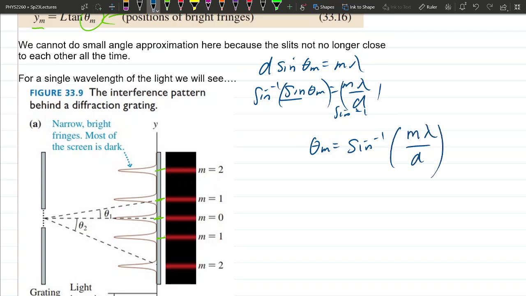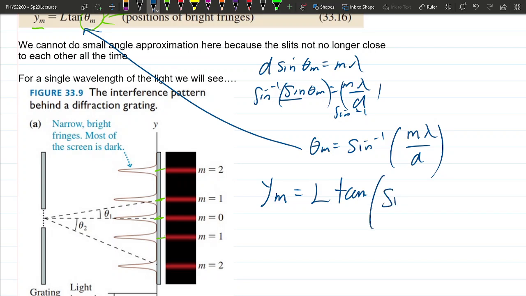So this gets a little bit hairy, because of all these inverse trig functions. Now what we're going to do is plug that in here. And so y sub m is actually L times the tangent of the inverse sine of m lambda over d.